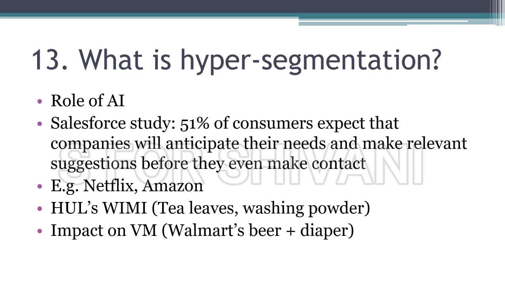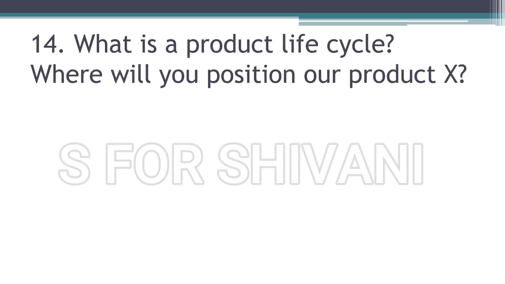And so when the grocery store found this out, they started keeping the beer close to the diapers, and boom, there was an instant 35% increase in sales of both. Question number 14.